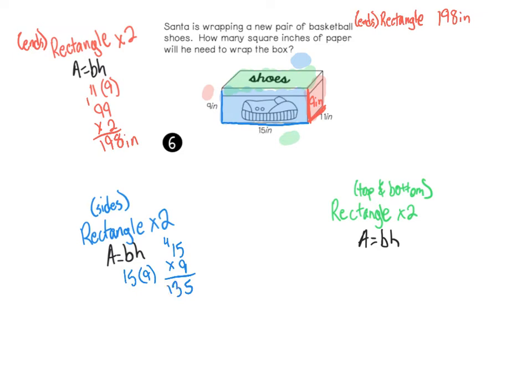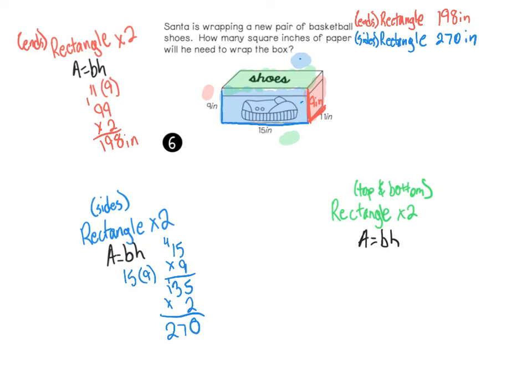Now we did say there was 2 of those rectangles, so we do have to multiply this by 2. We're only doing this because there's a blue side here and a blue side on the back side. To get 270. So the sides are 270 inches.